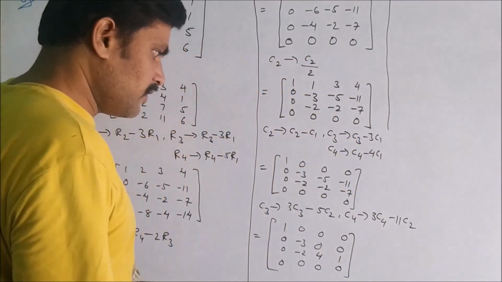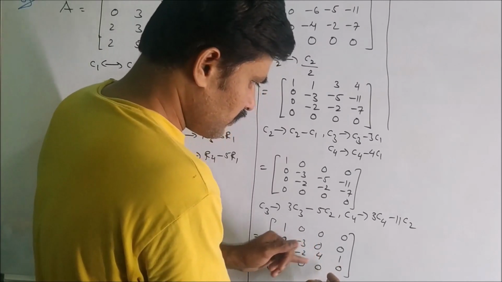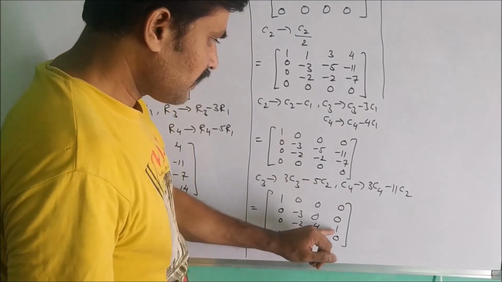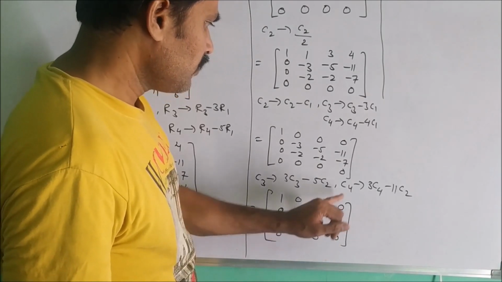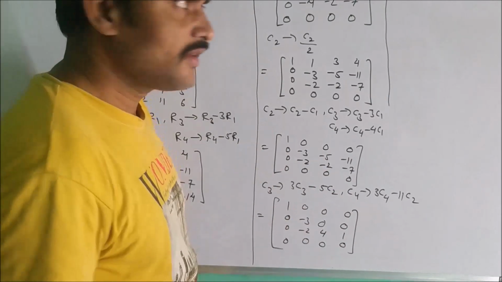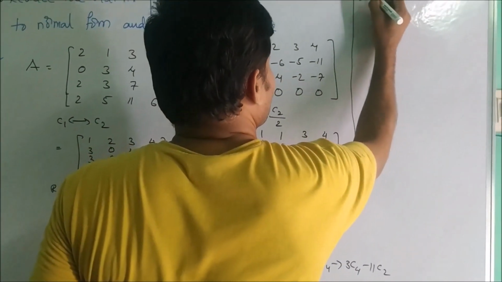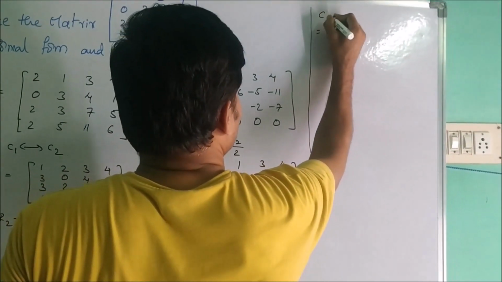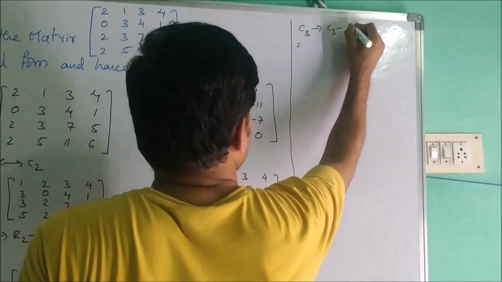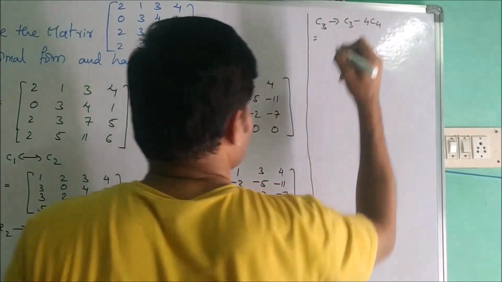Here we observe that using column operations, the third element of the third column should be 0. That is, multiply the fourth column by 4 and subtract from the third column, and this will be 0. So here C3 changes to C3 minus 4C4.